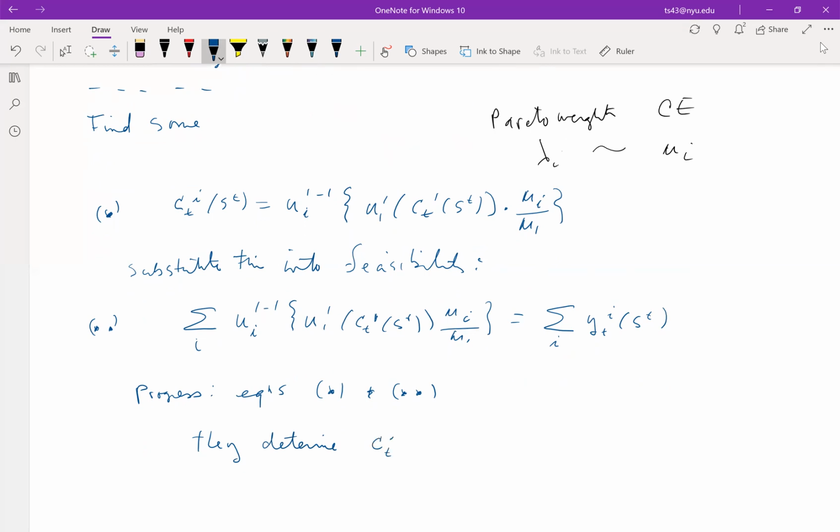They determine an allocation at a particular node for I equals 1 through I as functions. How many equations do we have? We have I minus 1 equations here, and we have one equation here, if I'm counting right.